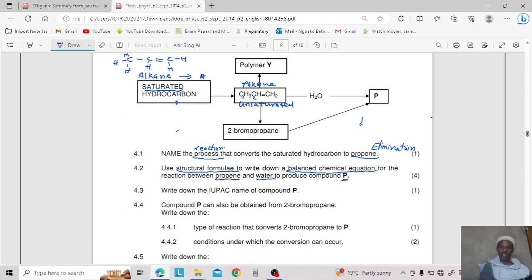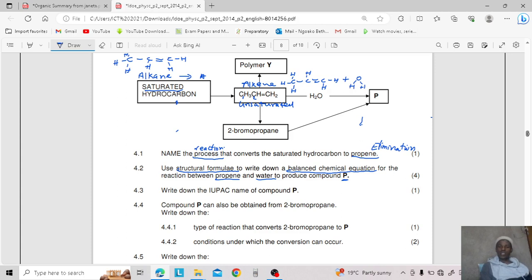So already we have the structure, carbons 1, 2 with a double bond, and then hydrogen, hydrogen, and then hydrogen here, hydrogen. We'll make sure that around each carbon there are 4 bonds. It will react with H2O.